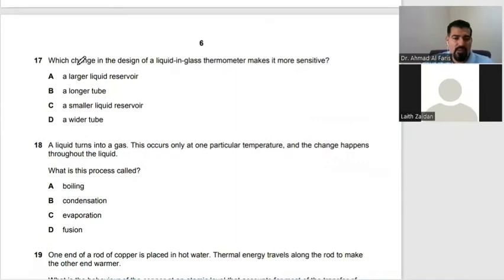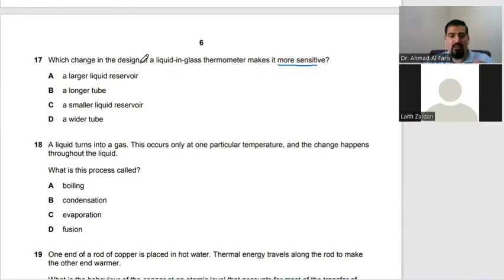Number 17. Which change in the design of the liquid-in-glass thermometer makes it more sensitive? Now, when we talk about more sensitive, we have some certain ideas to get the liquid-in-glass thermometer to be more sensitive. Larger liquid reservoir, yes, it will be more sensitive. Longer tube, not necessarily.